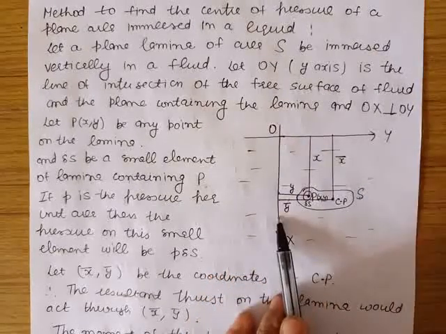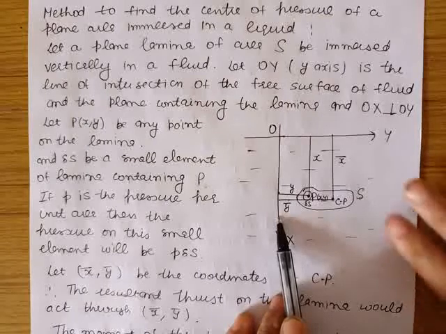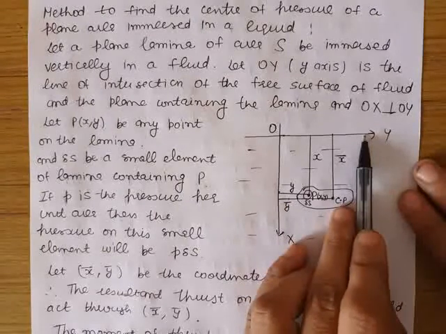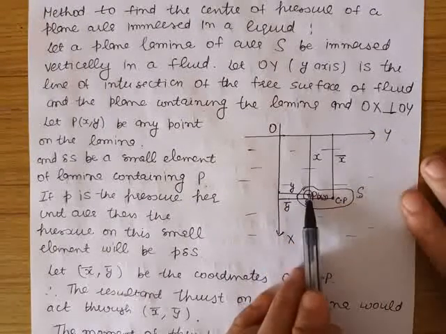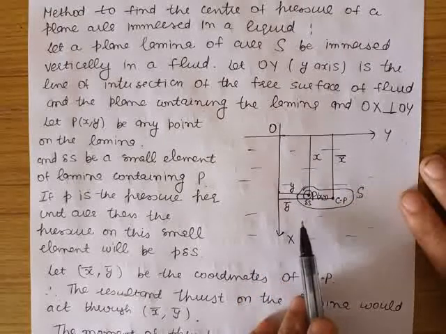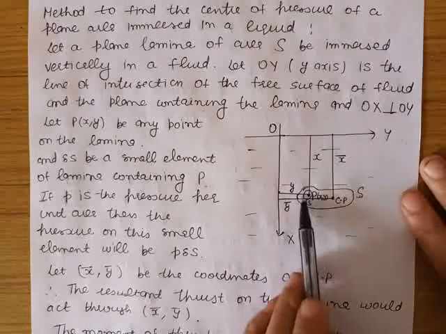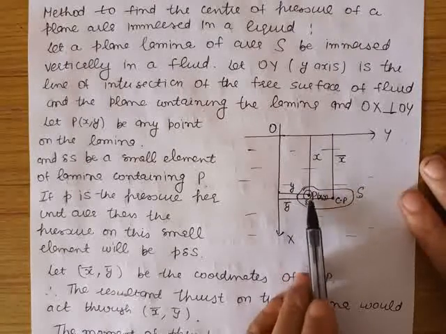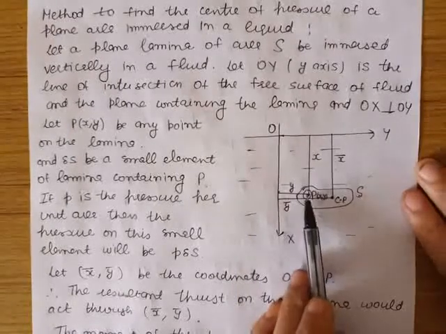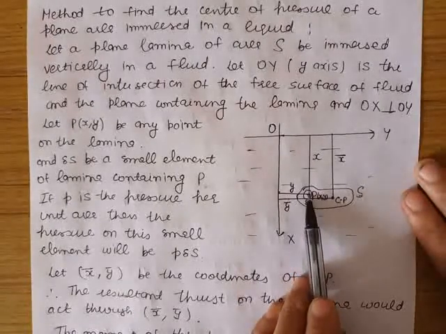Line OX is perpendicular to the line OY. Let us take P as a point on the lamina having the coordinates x, y, and delta S be the small element of the lamina containing the point P.